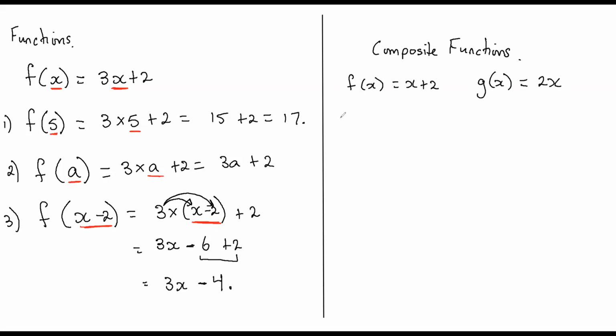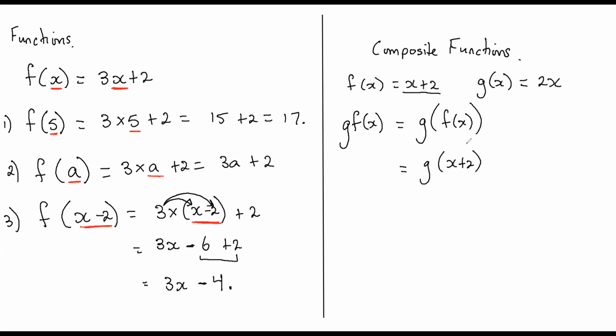Then if I said g f of x, this means that I am going to find f of x first, and then whatever I get, I'm going to put into the g function. What is f of x? Well, f of x is x plus 2. So that means g of f of x would be g of x plus 2.